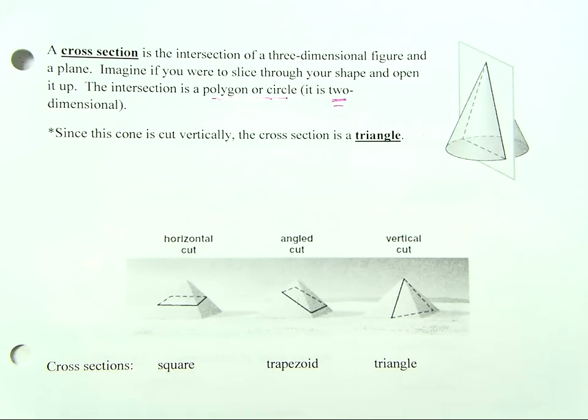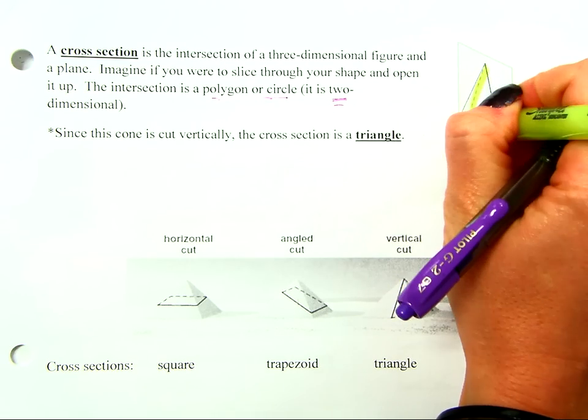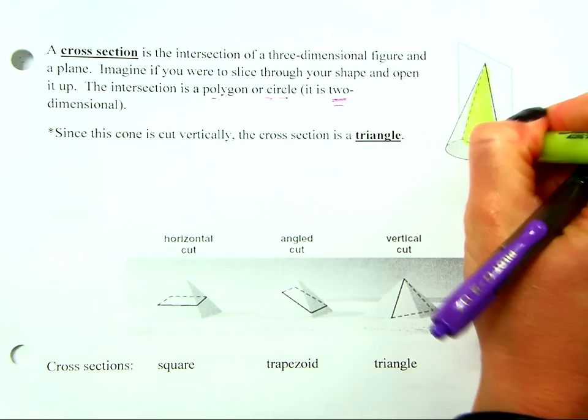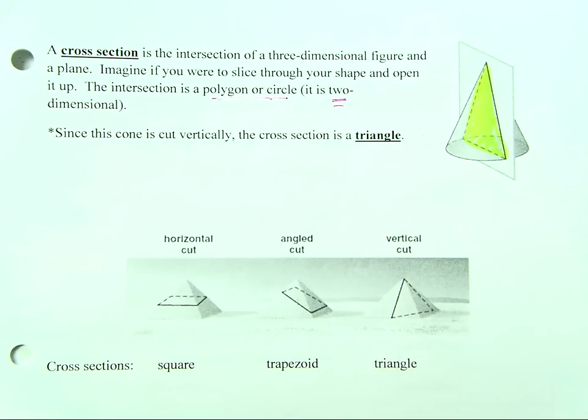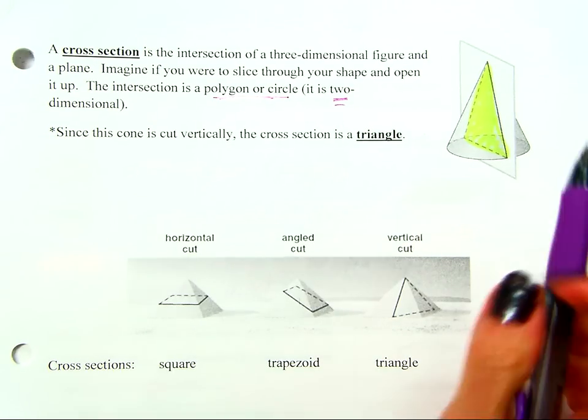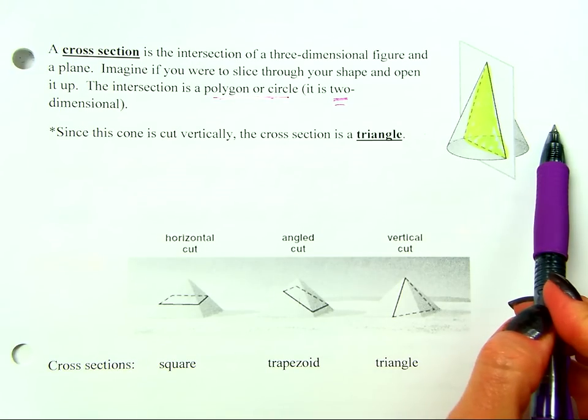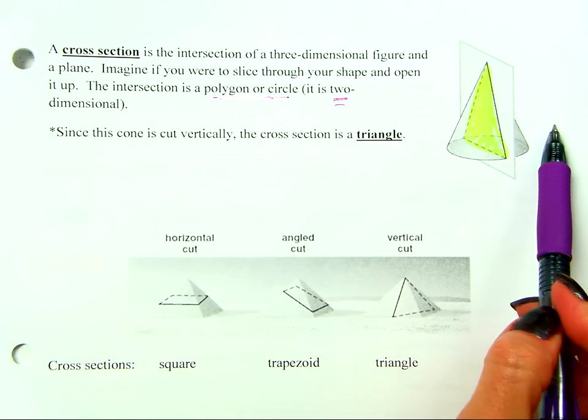Here I can see that I have a cone and they want to slice this cone vertically. If they're going to slice this cone vertically, the intersection, if we were to open that up, we would see a triangle. Had it been cut horizontally, the cross section would have been a circle. So it depends on at which angle you're cutting.